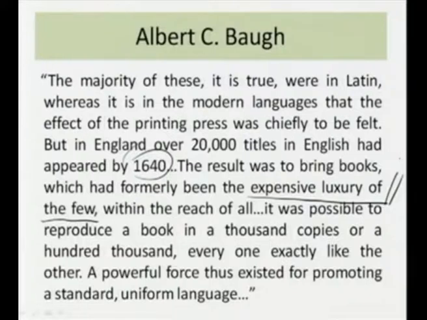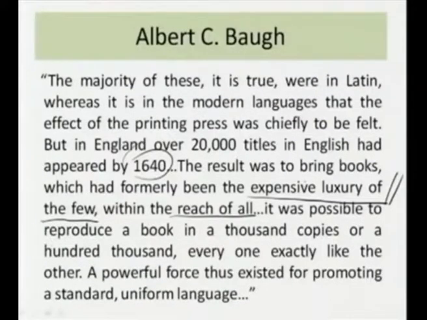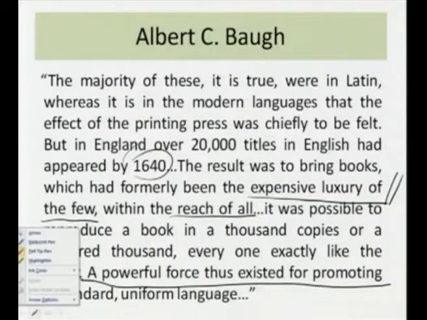We were talking in the previous slide about the rapid spread of popular education with the coming in of the printing press. Then it was possible to reproduce a book in 1,000 copies or even 100,000, every one exactly like the other. And he comments here, a powerful force thus existed for promoting a standard uniform language.